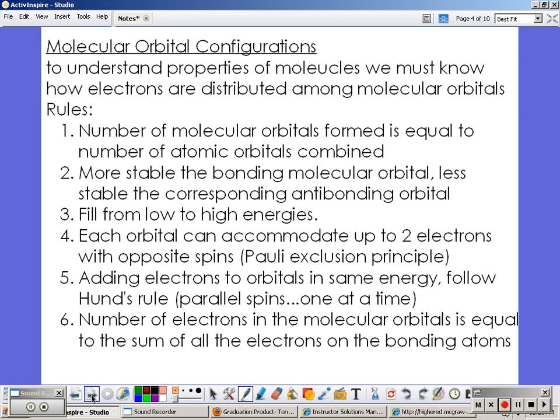Each orbital can accommodate 2 electrons, but they have to have opposite spins, that's the Pauli exclusion principle. When you have orbitals of the same energy, you put 1 electron in each orbital before you pair up, Hund's rule. They also have to have parallel spins to have the lowest energy. The number of electrons in the molecular orbitals has to equal the sum of all the electrons in the bonding atoms.